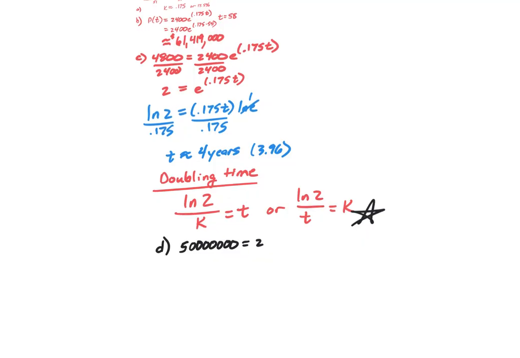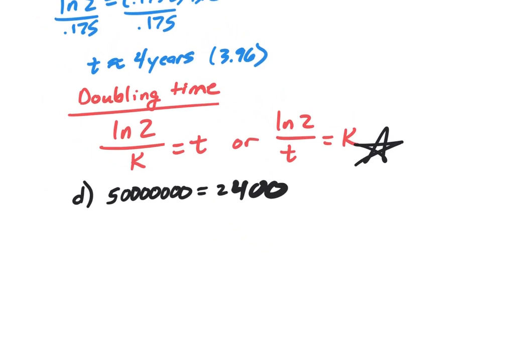And we started at 2,400. And all of these are going to basically be the same problem. We're just going to be continuing to log it, frog it, solve it. So I'm going to take 50 million divided by 2,400.